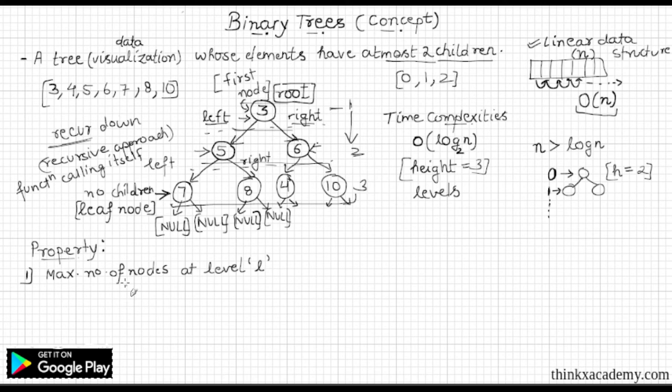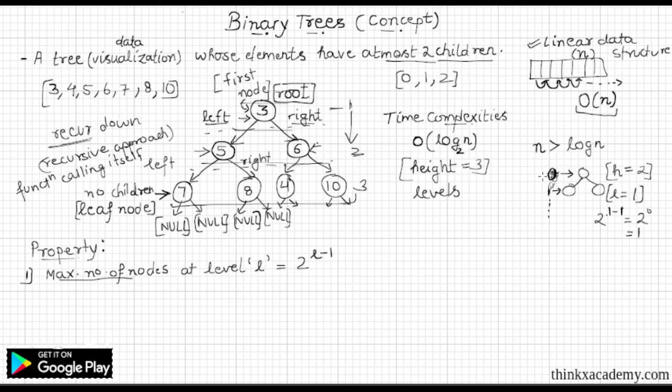If you want to calculate the number of nodes that a binary tree can accommodate at any level L, it will be equal to, this is the formula here, 2 to the power L minus 1. So if I substitute L with 1, it is 2 to the power 0, which is 1.